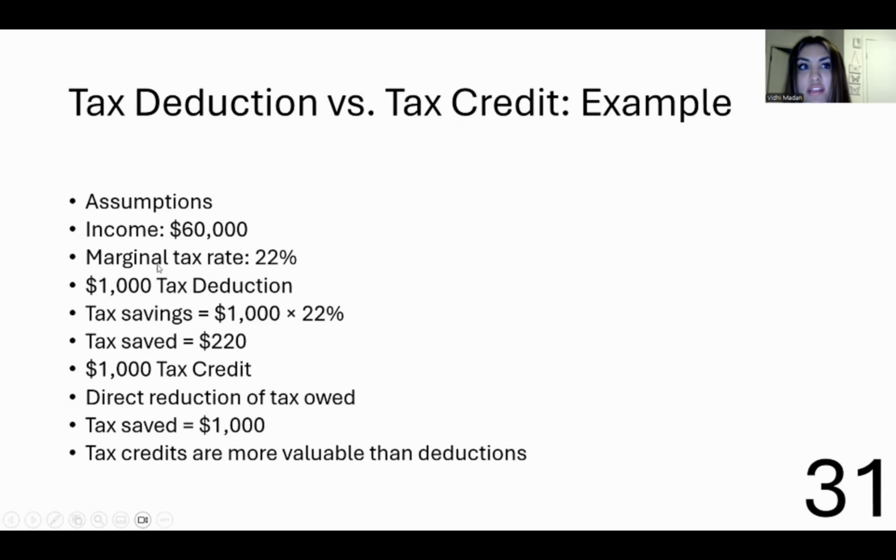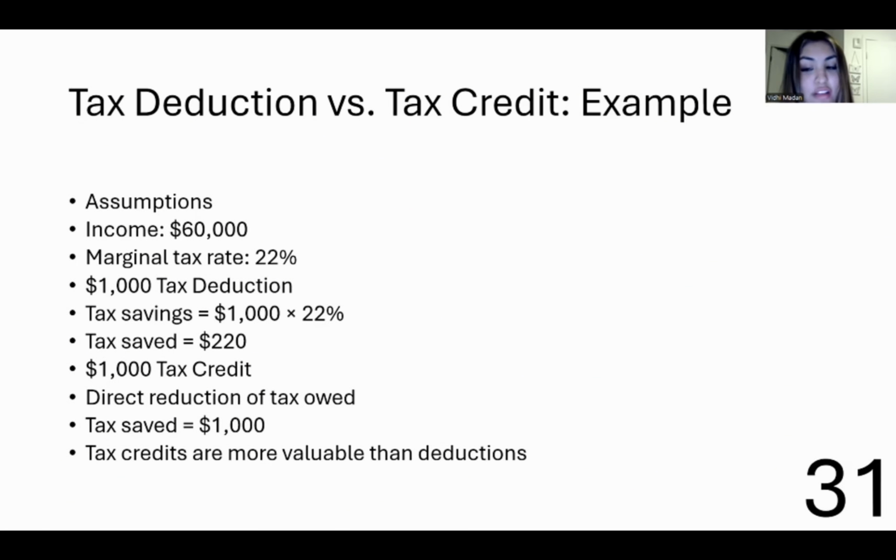Here I have an example of tax deduction versus tax credit. To see why some tax strategies are more effective than others, it's helpful to compare. We're assuming that a taxpayer earns $60,000 and is in the 22% marginal tax bracket. If the taxpayer claims a $1,000 tax deduction, that deduction reduces taxable income by $1,000.